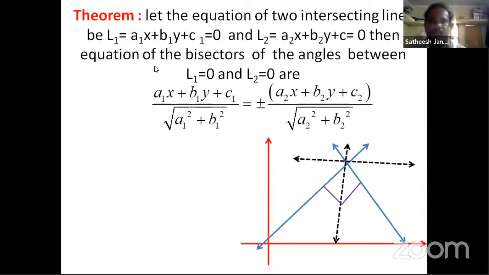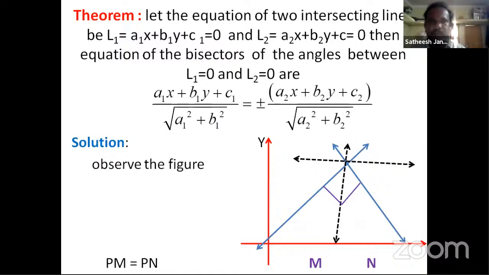Then the equations of the bisectors of the angle between L1 is equal to 0 and L2 is equal to 0 are (a1x plus b1y plus c1) by root of a1 square plus b1 square is equal to plus or minus (a2x plus b2y plus c2) by root of a2 square plus b2 square.